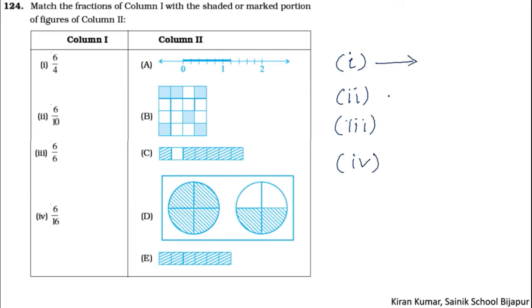For 1, which figure will hold true? 1 is 6 upon 4, which is the same as 3 upon 2, which is 1 complete and 1 by 2. Here in option D, we have 1 complete and 2 parts shaded.